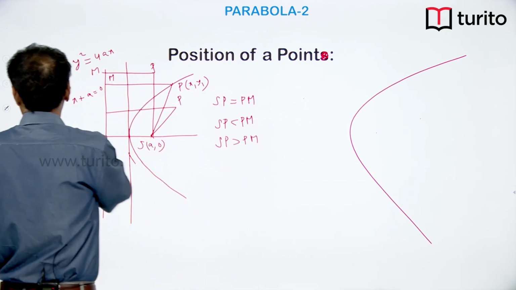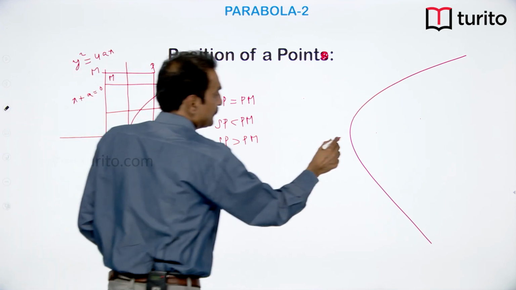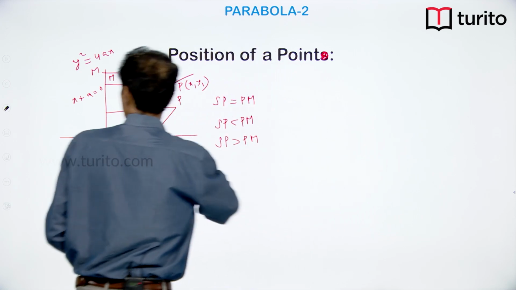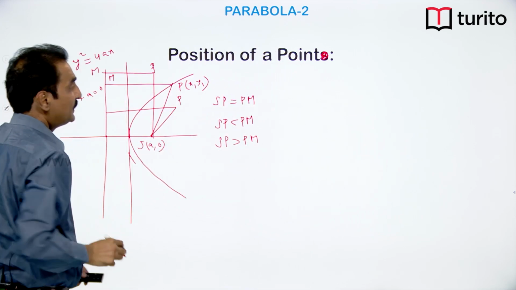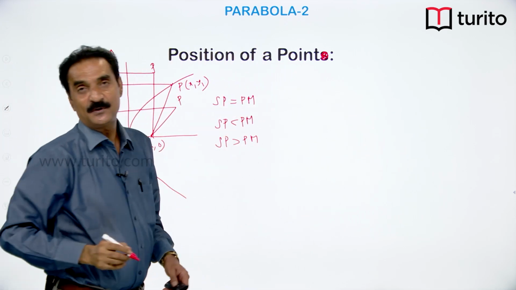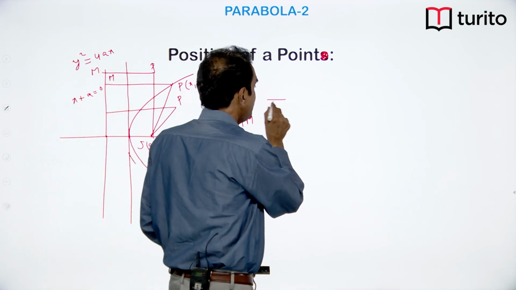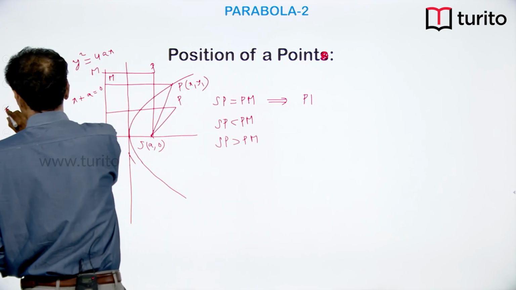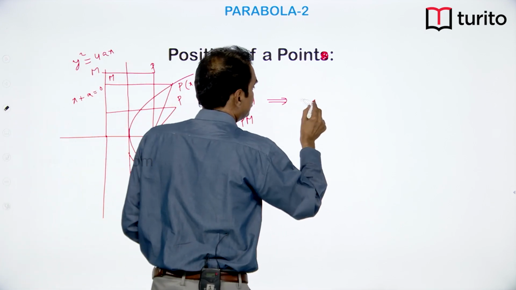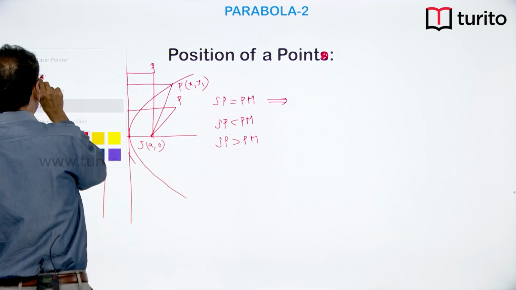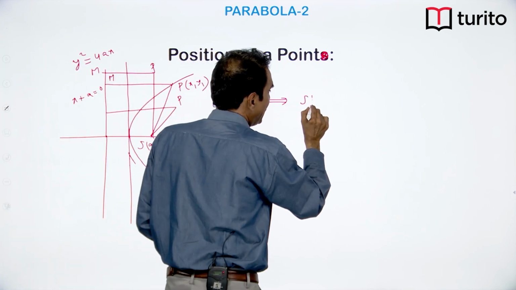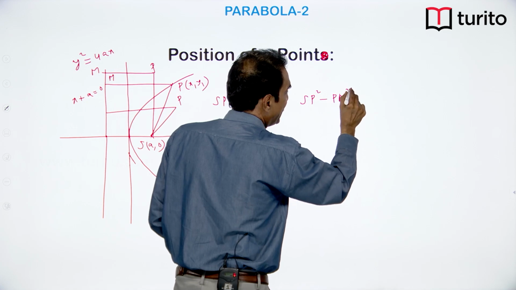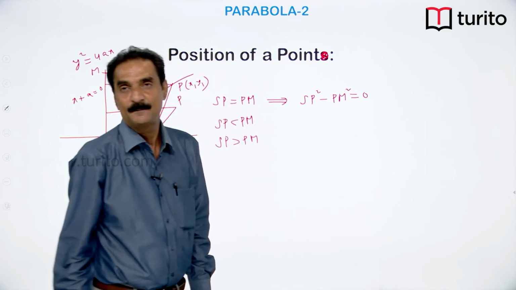Now, if SP is equal to PM, we get SP square is equal to PM square, or SP square minus PM square is 0.